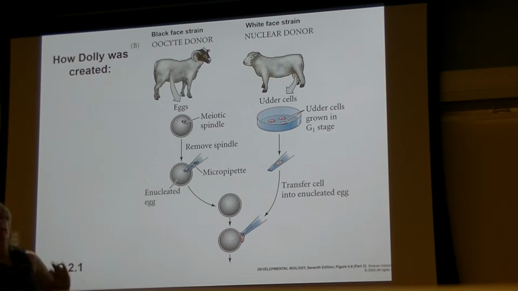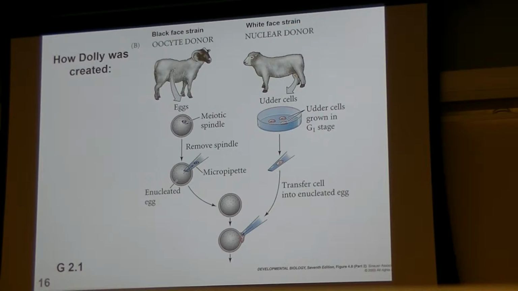Meanwhile, we need a donor egg. What we have here is a different strain of sheep, with a black face, and we took an ordinary haploid, non-fertilized egg and sucked out its genome. You could do that by just putting a pipette in there and, shoop, suck it out of there.